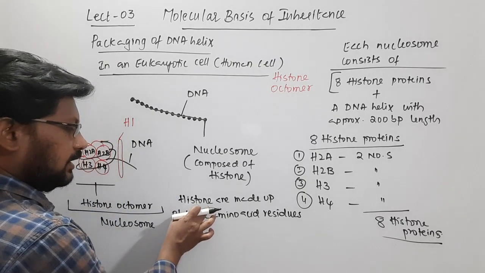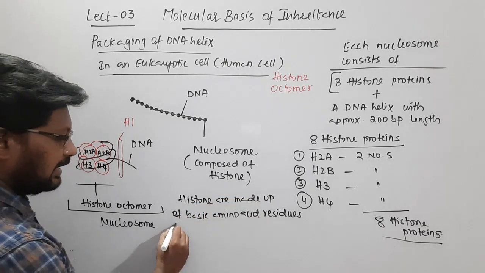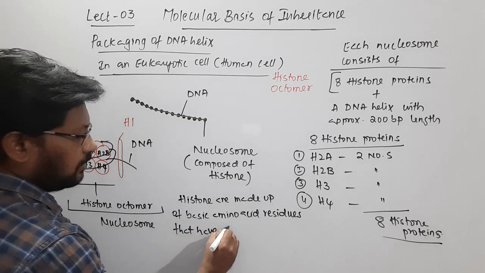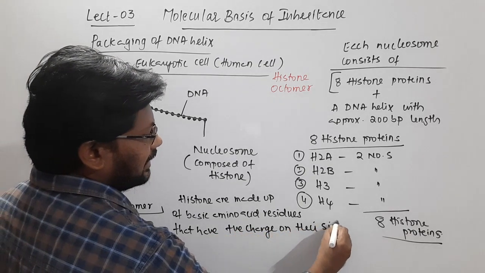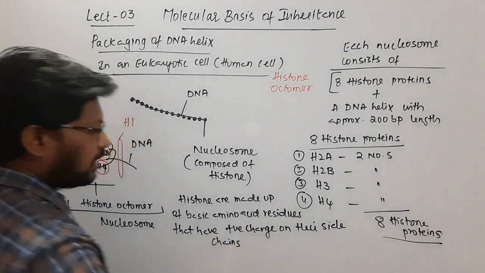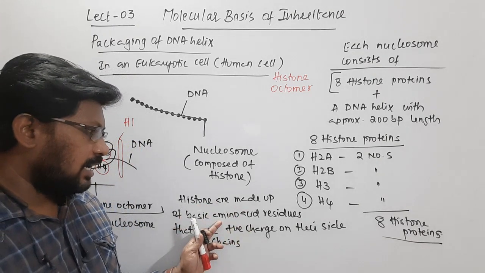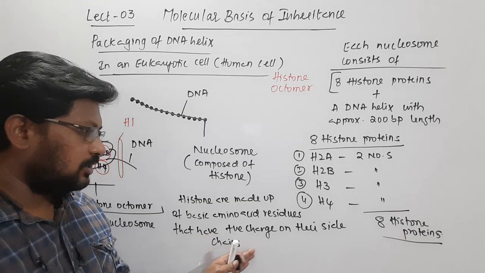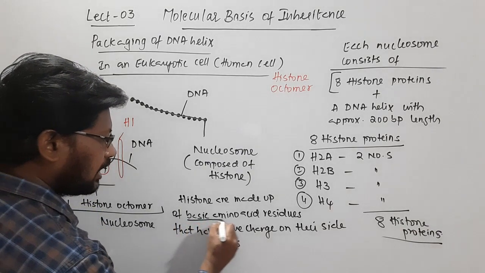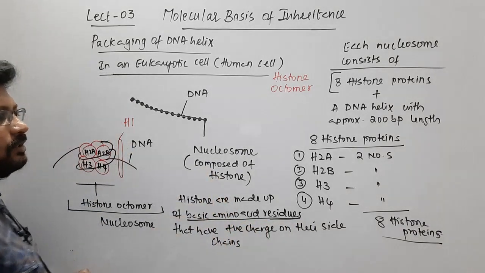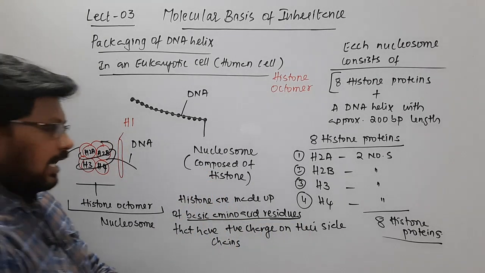And these histones are made up of basic amino acid residues that have positive charge on their side chains. Now, the basic amino acid residues found in those histones are actually lysines and arginines.